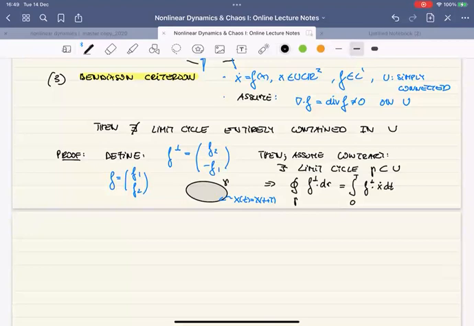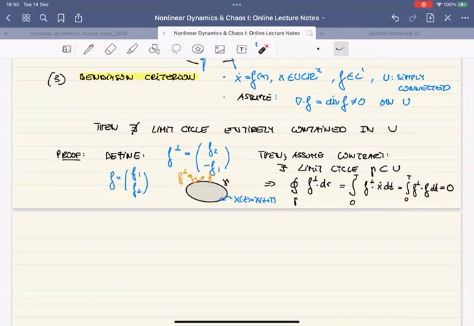I already had an inner product there, but I didn't write it down. Now x dot is F of x. So this is just the integral from 0 to T of F perp dot F dt, and that's 0, because F perp was constructed at each and every point to be orthogonal to F, and therefore along the limit cycle, it's also at each and every point orthogonal to F. So for that reason, this is pointwise 0, and therefore that integral is 0.